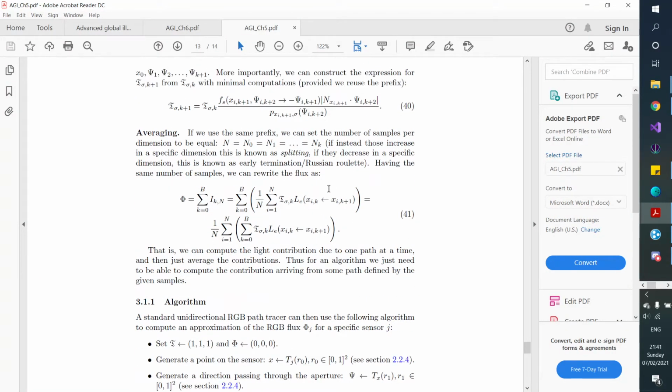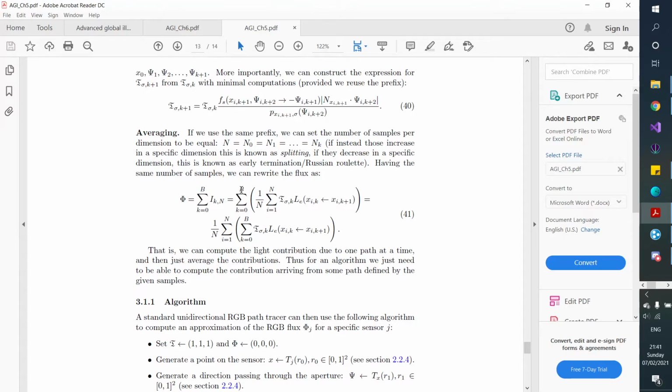So if you remember in the previous discussion, last week, we had the flux. What we wanted to estimate from the measurement equation was the sum over all bounces over the estimators. And now you could write this in two different ways.